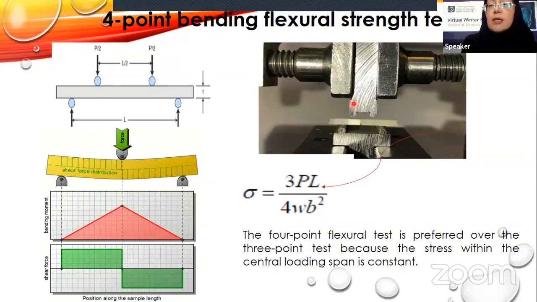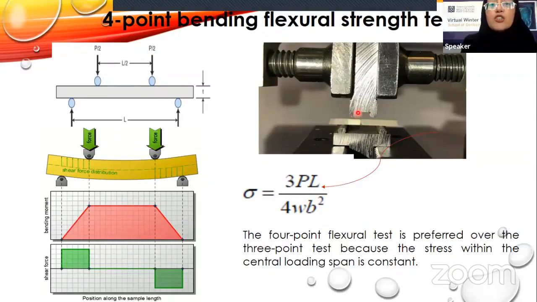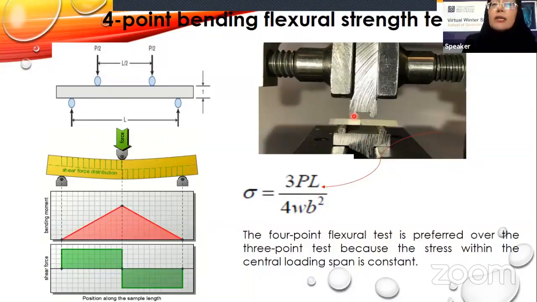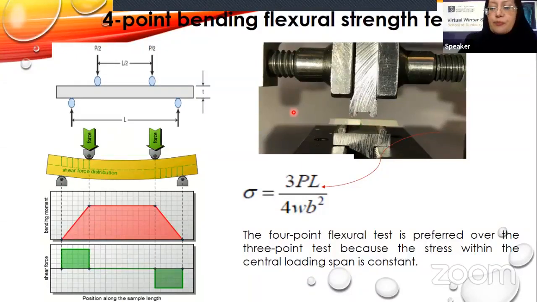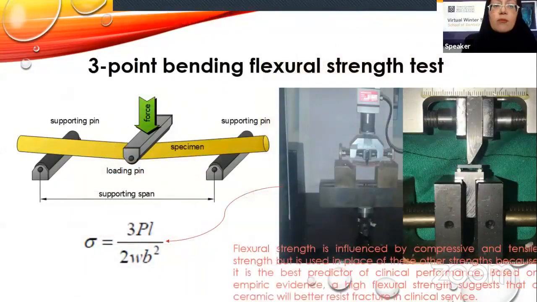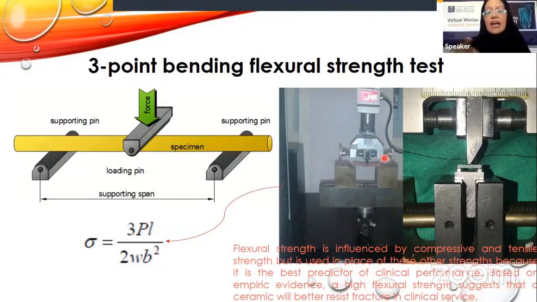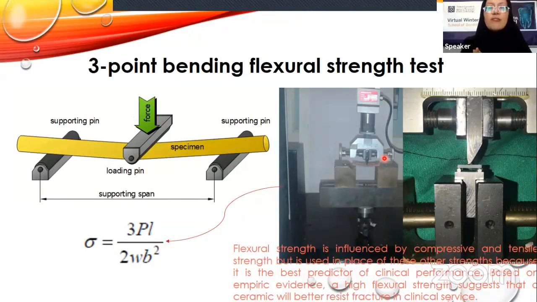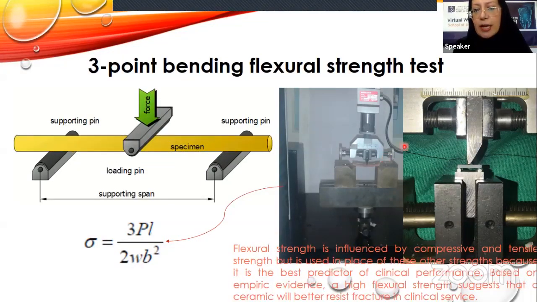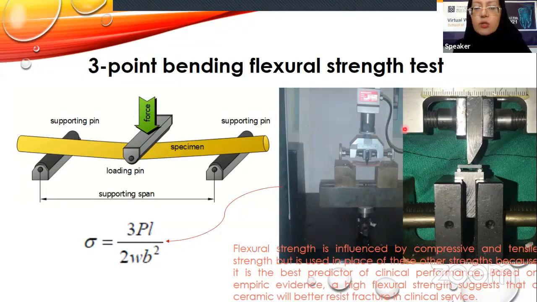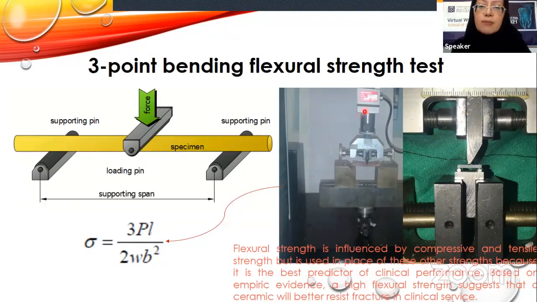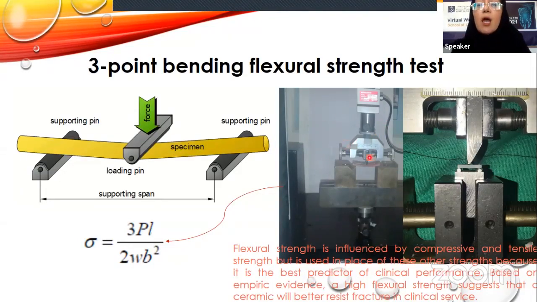Here you can see the accessories for measuring 4-point flexural strength, and these are the accessories in our department for measuring 3-point bending.